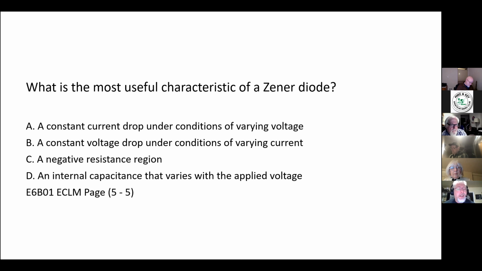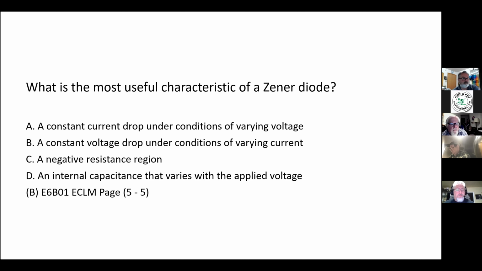Or C, a negative resistance region. Or D, an internal capacitance that varies with the applied voltage. Bravo is correct. A constant voltage drop under conditions of varying current.